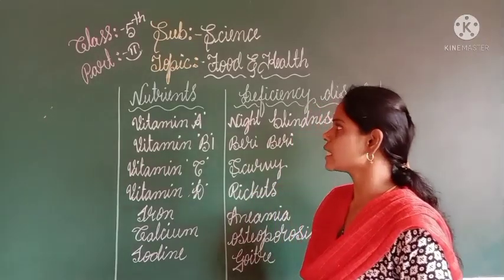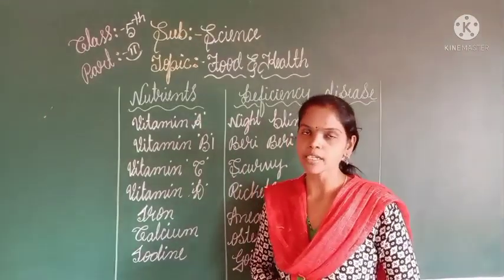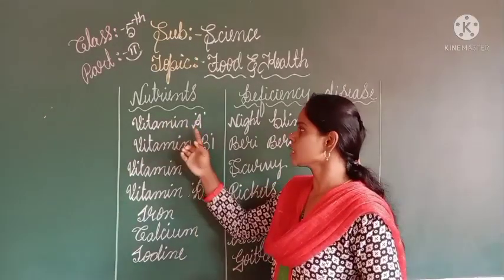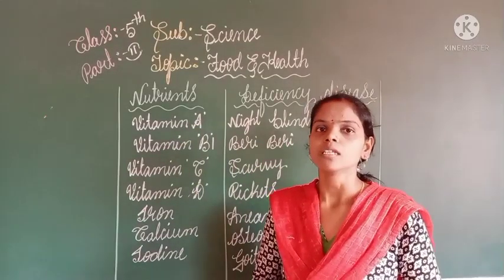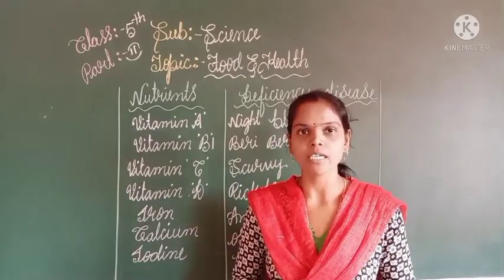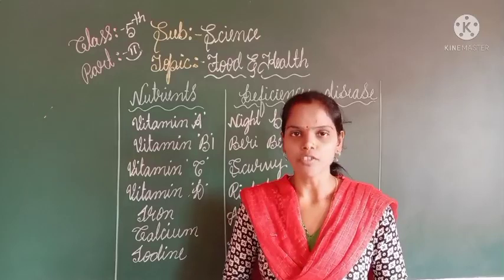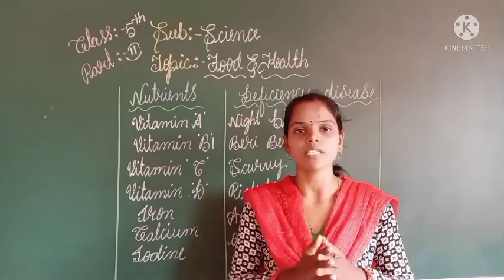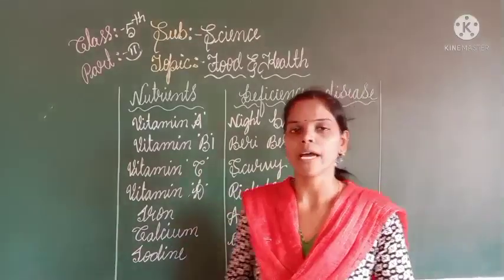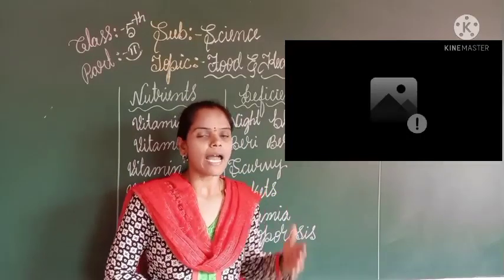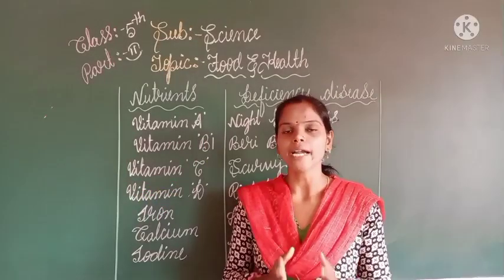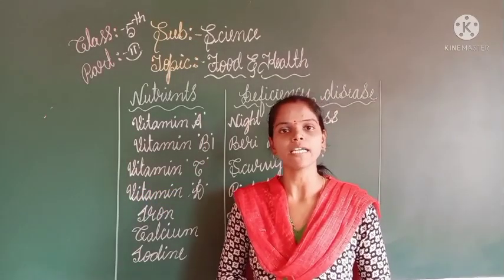First are the nutrients and which kinds of diseases they cause. The first point is vitamin A. It is found in food items like green leafy vegetables, milk and some other food items. Lack of vitamin A causes night blindness. So we should take an adequate quantity of food containing vitamin A.